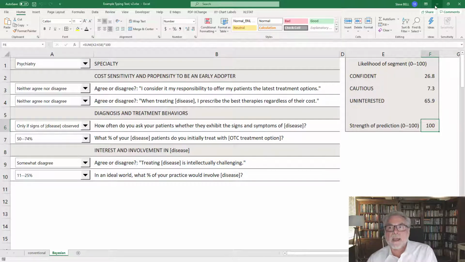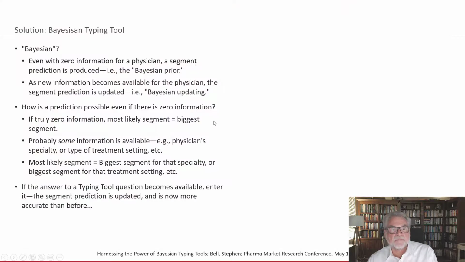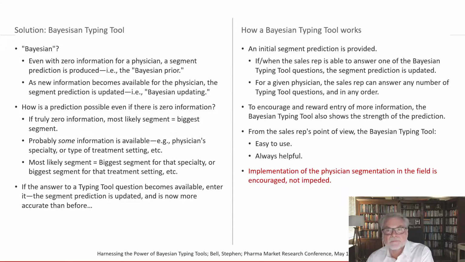Alrighty, so that is the Bayesian typing tool. Just to summarize, an initial segment prediction is provided even with no information. The sales rep can answer the typing tool questions, as many as wanted, in any order.